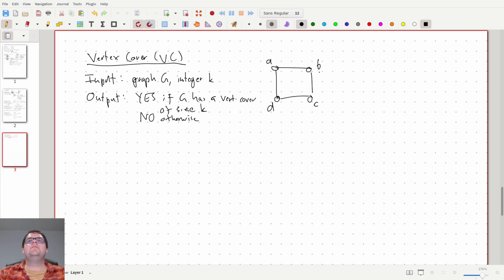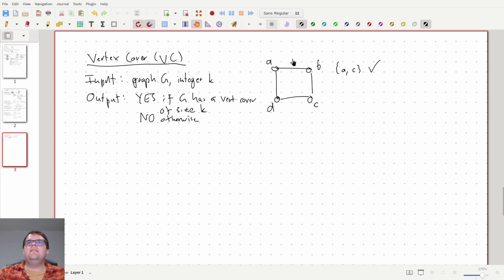No, sorry, yeah, it's a set of nodes that are adjacent to all edges. So AC, that is a vertex cover, because each edge, like this edge and this edge, they're adjacent to A, and this edge and this edge, they're adjacent to C. So maybe let's backtrack a bit.